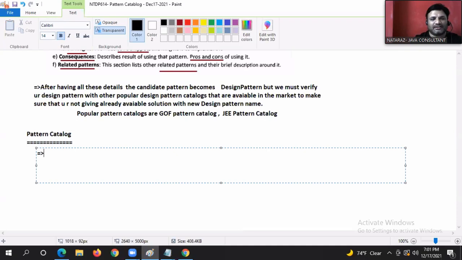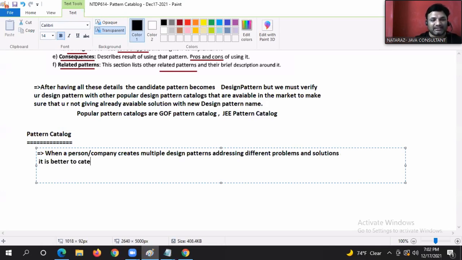When a person or company creates multiple design patterns addressing different problems and solutions, it is better to categorize them by creating pattern catalogs.